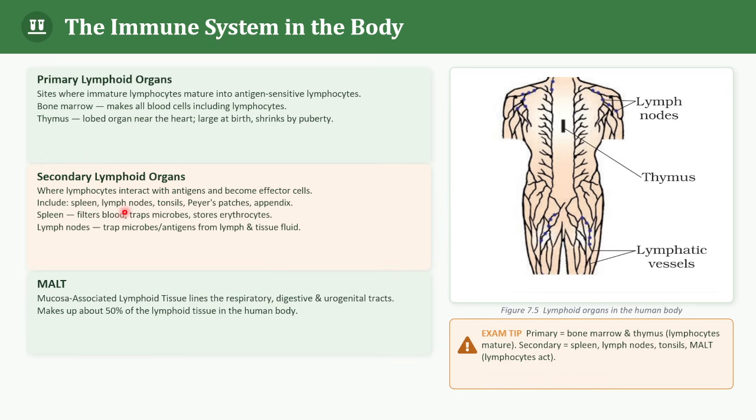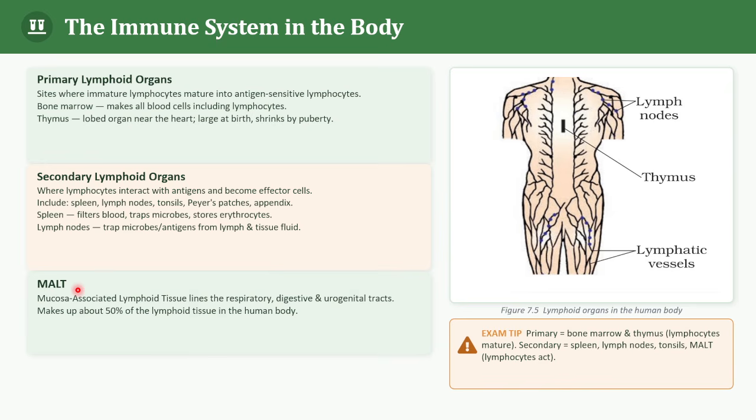Next one is the lymph nodes. Lymph nodes trap the microorganisms and antigens present in the lymph and tissue fluid. They help to activate the lymphocytes and also initiate an immune response. And next one is the MALT. What is this MALT, children?